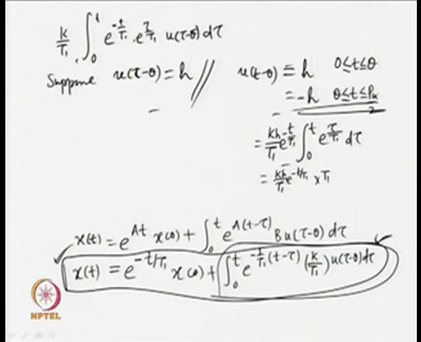So, T1 will come and we will have e to the power τ upon T1 with limits of integral from 0 to t. Thus this gives us kh e to the power minus t upon T1 with a term e to the power t upon T1 minus 1.